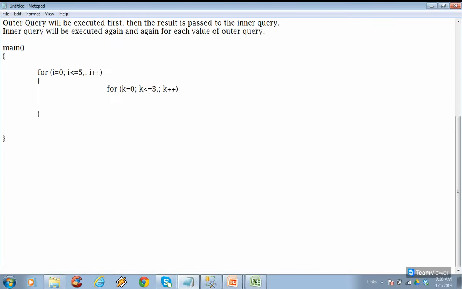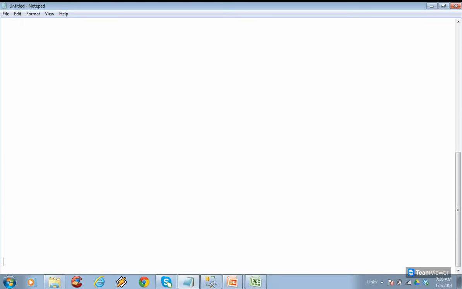So how do we write the correlated subquery syntax? Select star from account master as AM, where I use the exists function, where exists, open the bracket.